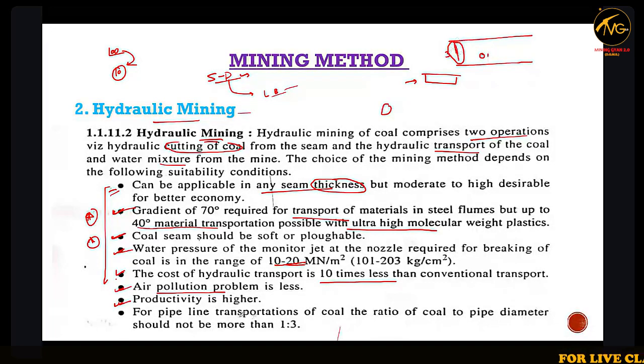For pipeline transportation of coal, the ratio of coal to pipe diameter should not be more than 1:3. Okay, you should mug up each and every line.